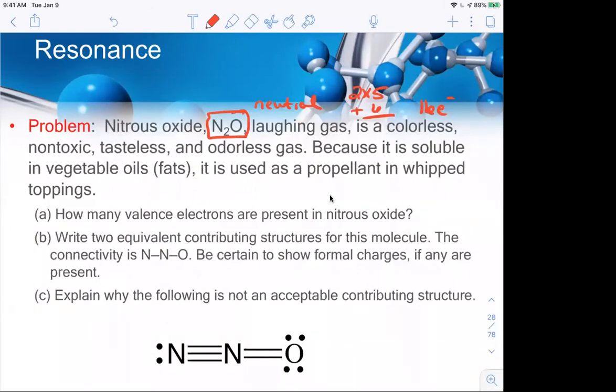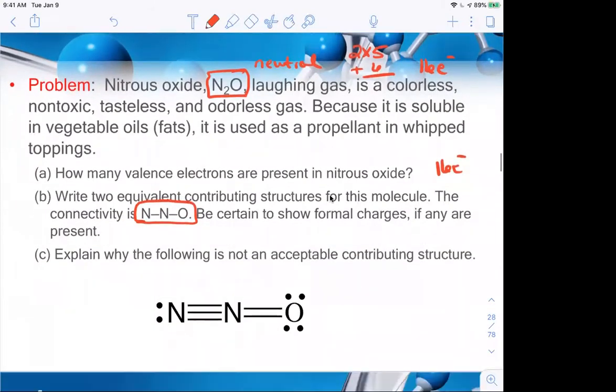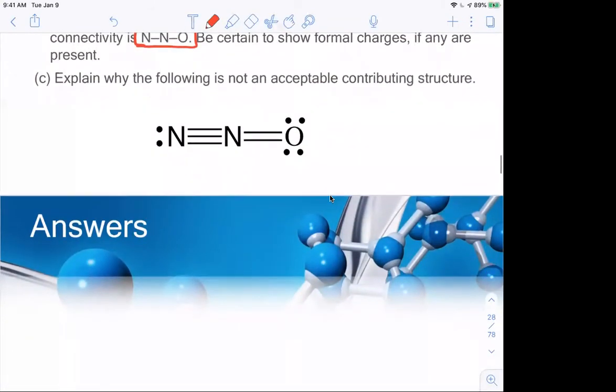I have a connectivity of NNO, and I want to be able to draw the resonance structure and also look at those formal charges, right? So the first answer, how many valence electrons, would be 16. If I do draw that as N, N, O, I have 16 valence electrons, with the connectivity NNO, right?